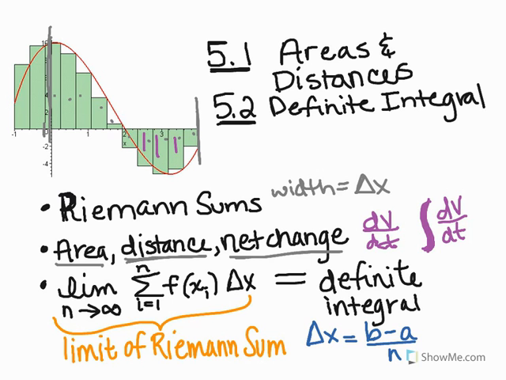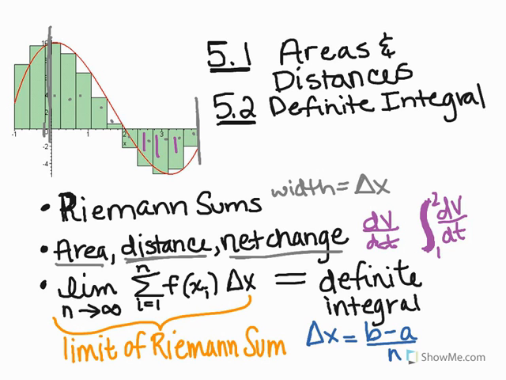So if we integrate this rate of change, dV dt, from, let's say, time equals 1 to time equals 2, we're going to get the net change in volume. Say we're filling up a cup and dV dt is whatever rate you're filling up the cup with water.